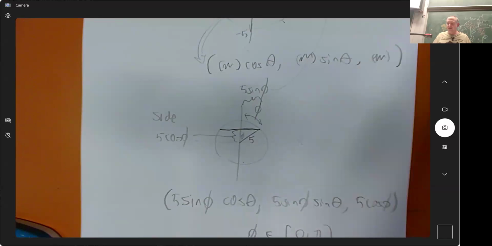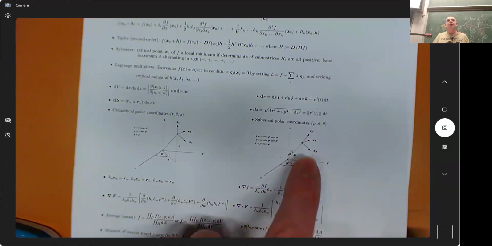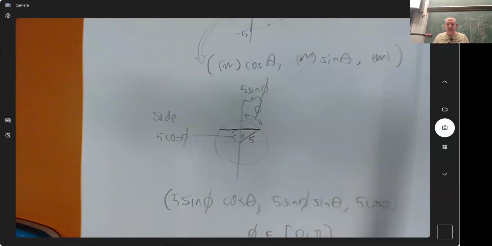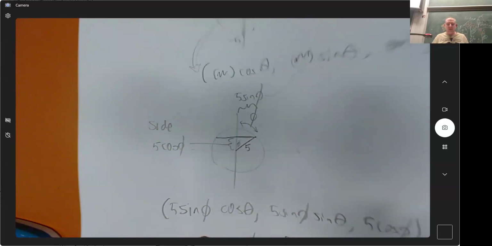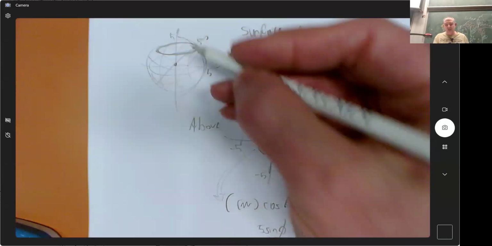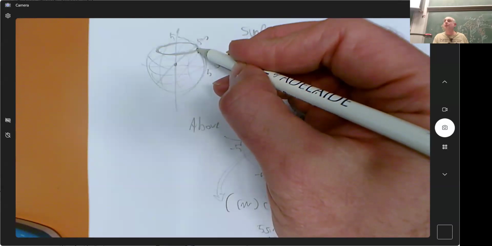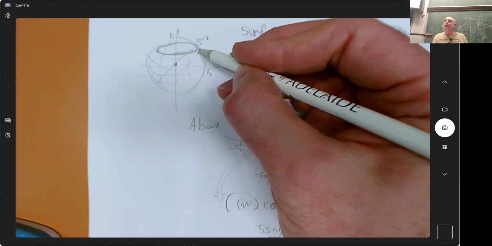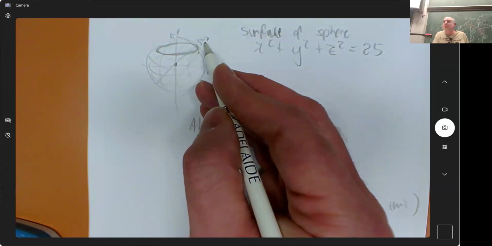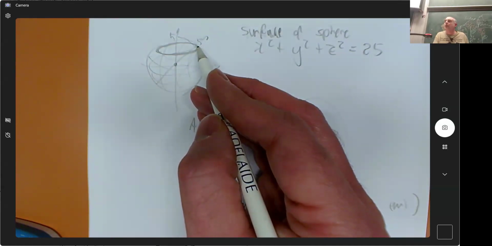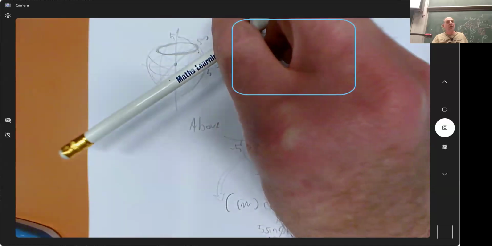And they're trying to, with these vectors, tell you what direction the derivatives are going to go in, but I can do that as well. When I change theta, my point's going to go a little bit further around the circle, and so r theta is tangent to that circle. So it stays flat, at that specific height.